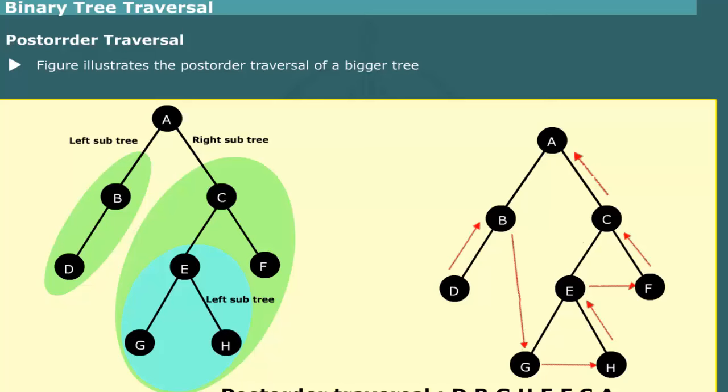It includes a subtree T3 consisting of nodes G, E and H. These nodes are visited in postorder G, H and E. Next, the remaining nodes of the right subtree are visited, which include F and C. Last of all, root node A is visited. Thus, postorder traversal yields the sequence D, B, G, H, E, F, C, A.